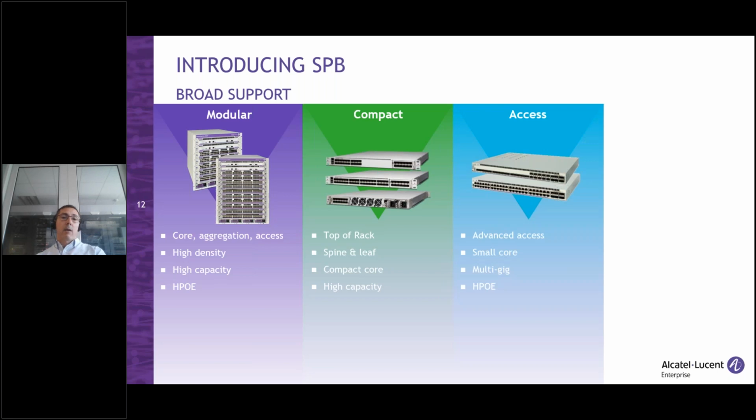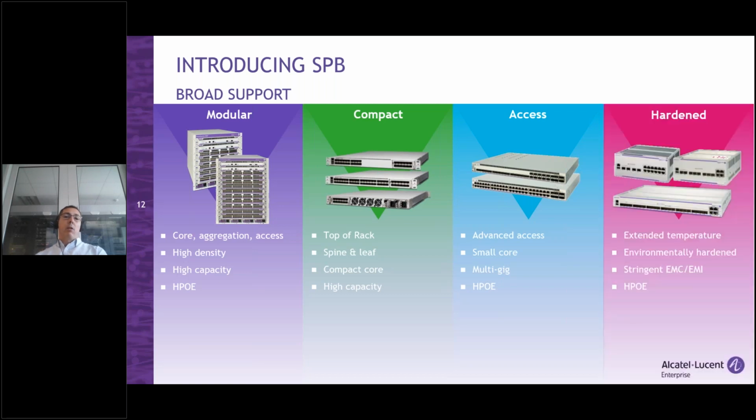At the access layer, on the advanced access switches that can also be used as a small core, offering multi-gigabit performance and HPoE while supporting a broad range of access layer security features. And even on environmentally hardened switches for harsh environments, with an extended temperature range for challenging EMC, EMI, while still offering HPoE and supporting the same range of features.